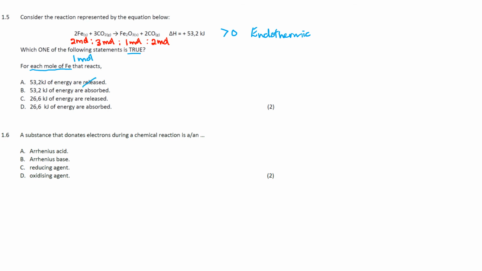It is absorbed. But 53 kilojoules of energy is absorbed for 2 moles of iron. So for 1 mole of iron, half that energy would be absorbed. So D is the answer there.